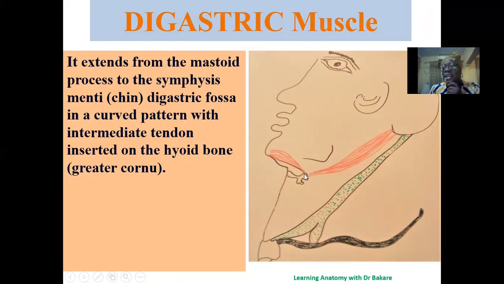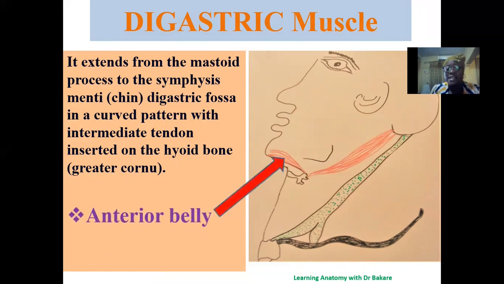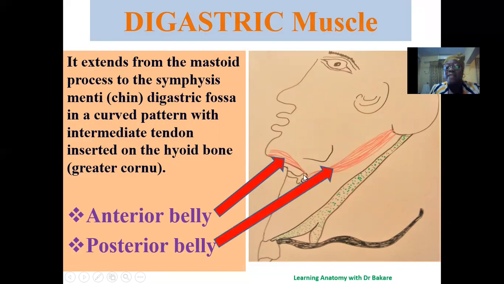This now leaves the digastric muscle with two bellies. So it has an anterior belly, which is the belly that runs from the hyoid bone to the symphysis menti in the anterior side. Then a posterior belly, which is the region that runs from the hyoid bone to the mastoid process.